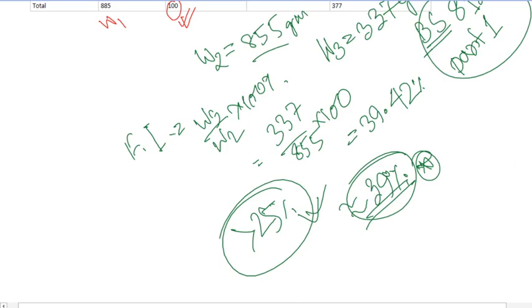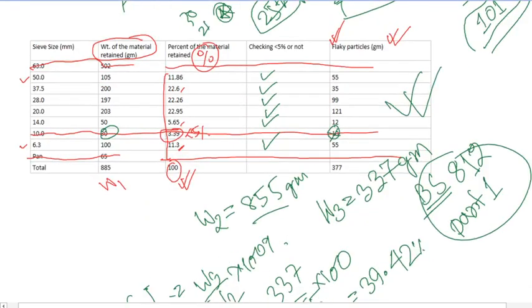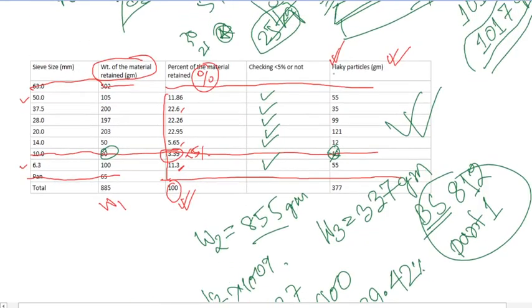Also in the case of the elongation index, we will go for a similar calculation. Only the difference will be there: you will get the elongated particles in gram. And also remember, sometimes we may get this value greater than this one.